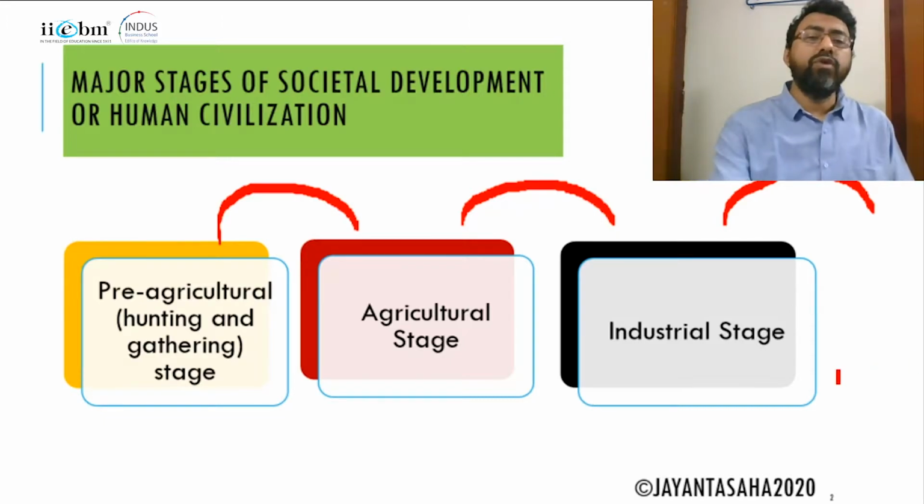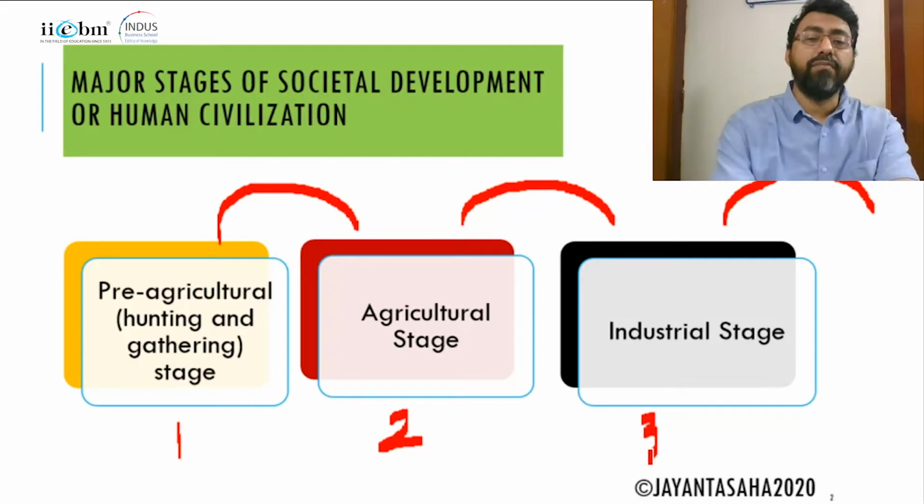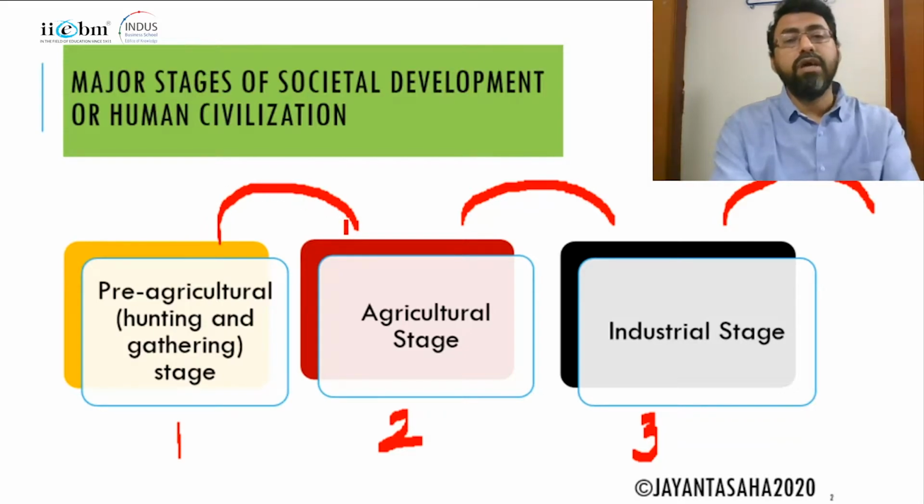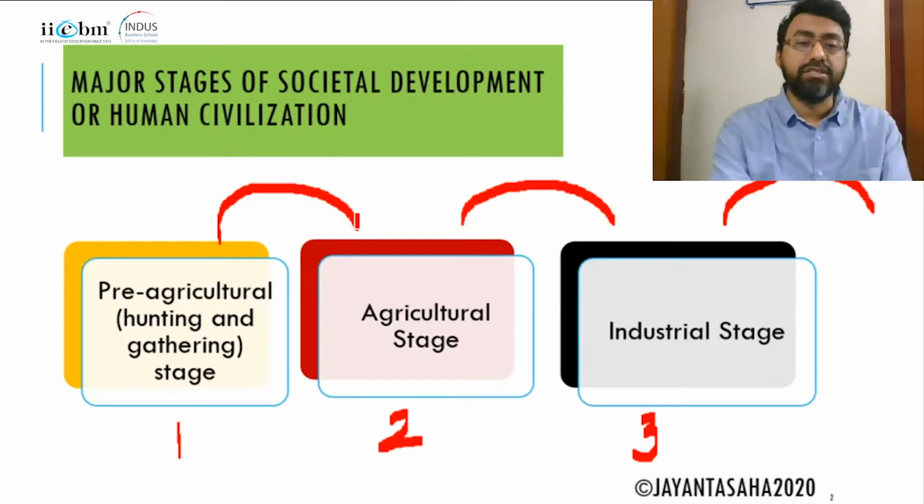Essentially, if you look at the pre-agriculture stage as the first paradigm of being, this as the second paradigm of being, and this as the third paradigm of being. Once human beings evolved from stage 1 to stage 2, one can argue that this was the first wave of human civilization, where one paradigm gave way to another way of existence.